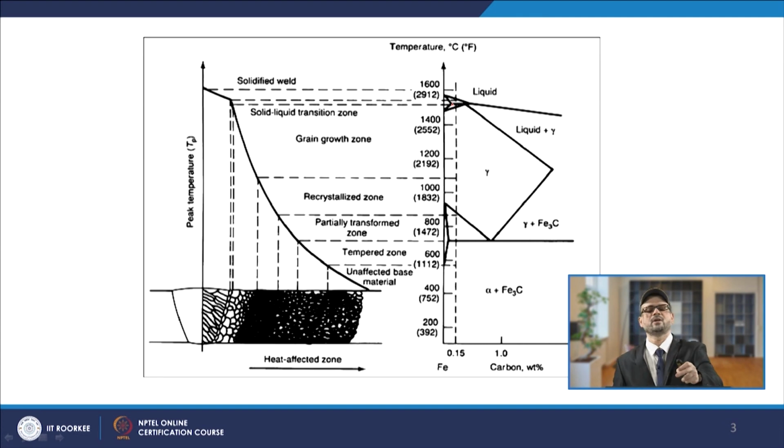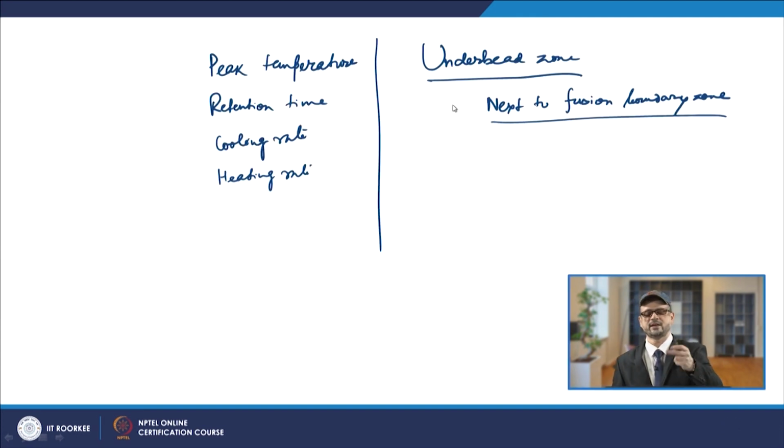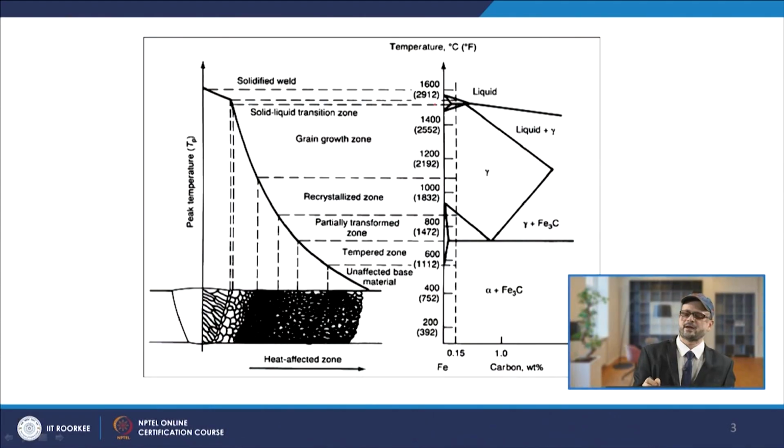And normally, if you try to define these underbead zones, we have already talked about the temperature, which is going nearly to 1400 degrees centigrade. If you refer to this, you will have the underbead zone, which is basically just below this range.